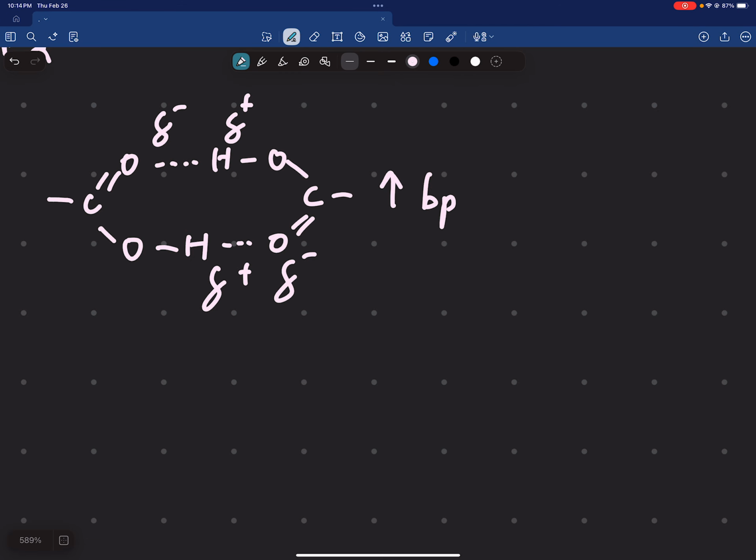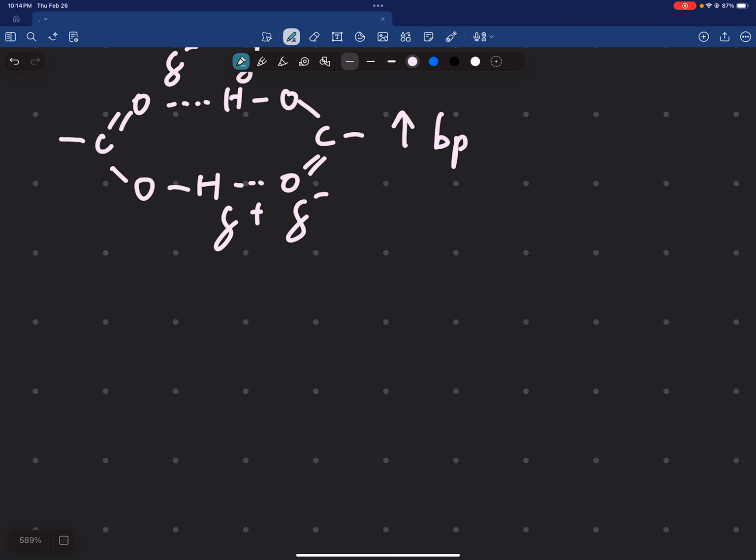And these carboxylic acids will be more soluble in water than alcohols, ethers, aldehydes, and ketones of similar weight, because they will be able to form hydrogen bonds with water with their CO and OH groups.